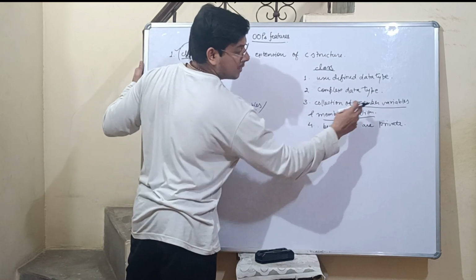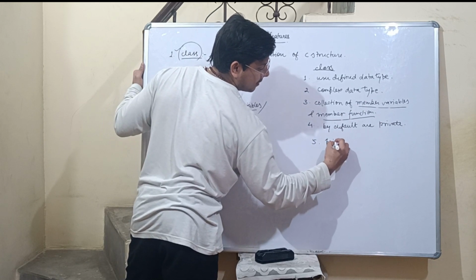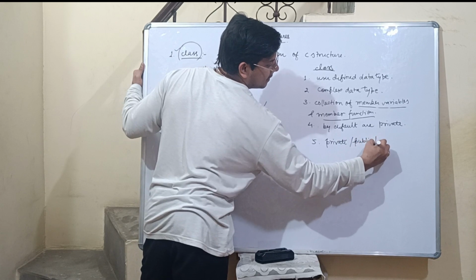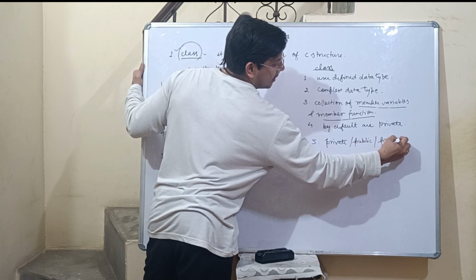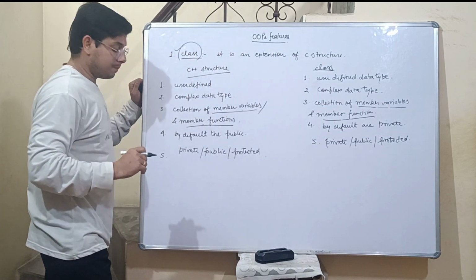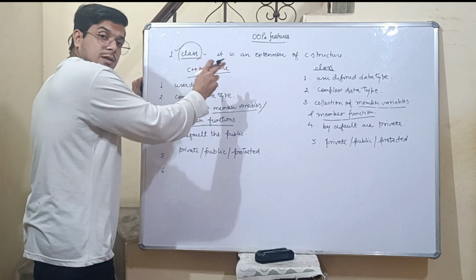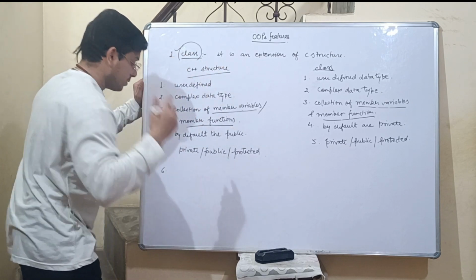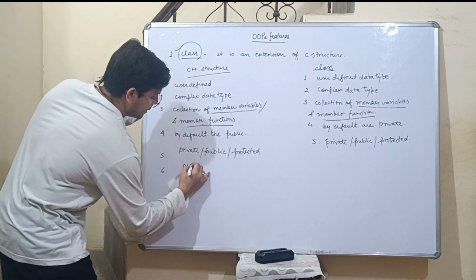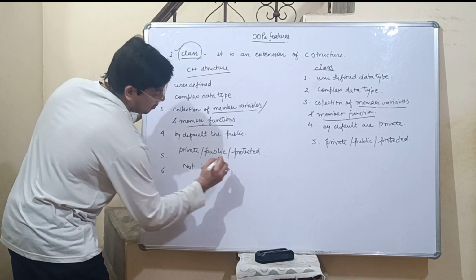Similarly, these member functions and variables can be declared as private, public and protected. Okay. Next, these C++ structures do not support the inheritance. These cannot be inherited. What is inheritance?